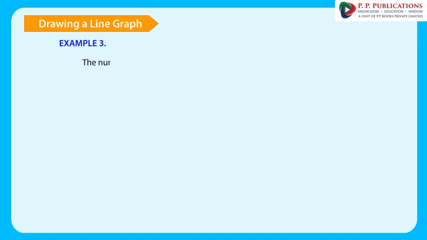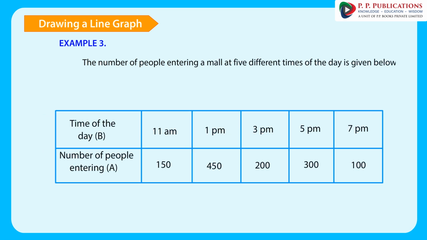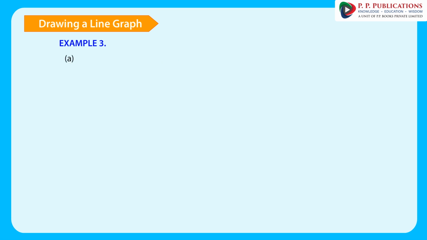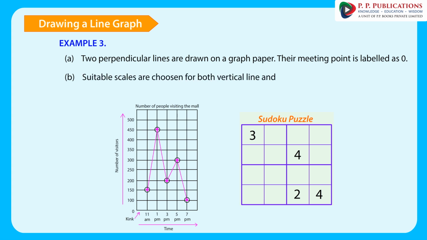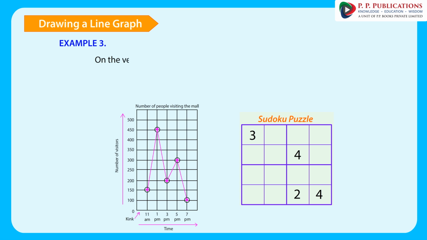Example 3. The number of people entering a mall at 5 different times of the day is given below. Represent the information as a line graph. A. Two perpendicular lines are drawn on a graph paper. Their meeting point is labeled O. B. Suitable scales are chosen for both vertical line and horizontal line. On the vertical line, 1 cm equals 100 people.